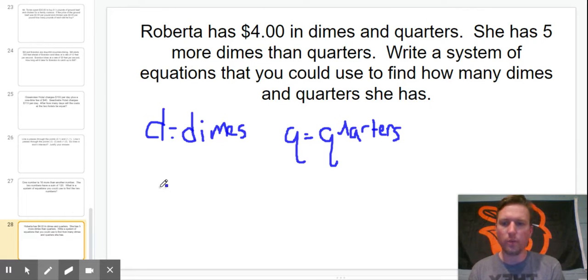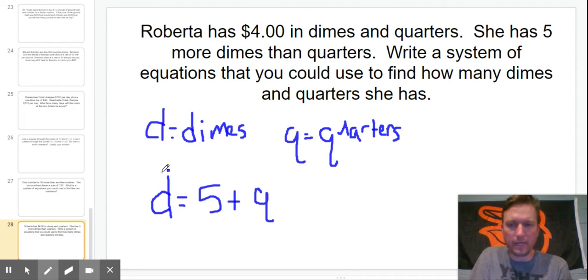So you would say that she has dimes equals 5 more, so 5 plus Q. Okay, does that make sense? Because her dimes, represented here by D, is equal to the quarters plus 5, because she has 5 more. Okay, so that would be my first equation.